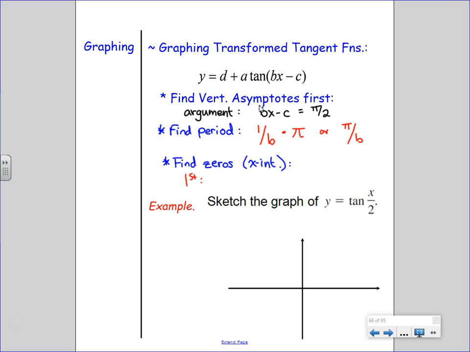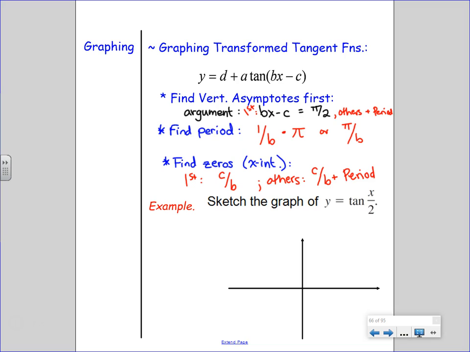Exactly. So let's just do c over b. That's the first one. And how are we going to get all of our others? We're going to do c over b plus the period. And that's the same thing up here for the vertical asymptotes. This one finds our first vertical asymptote, and for our others, we add the period. So really the key to getting lots of things is to find the period.